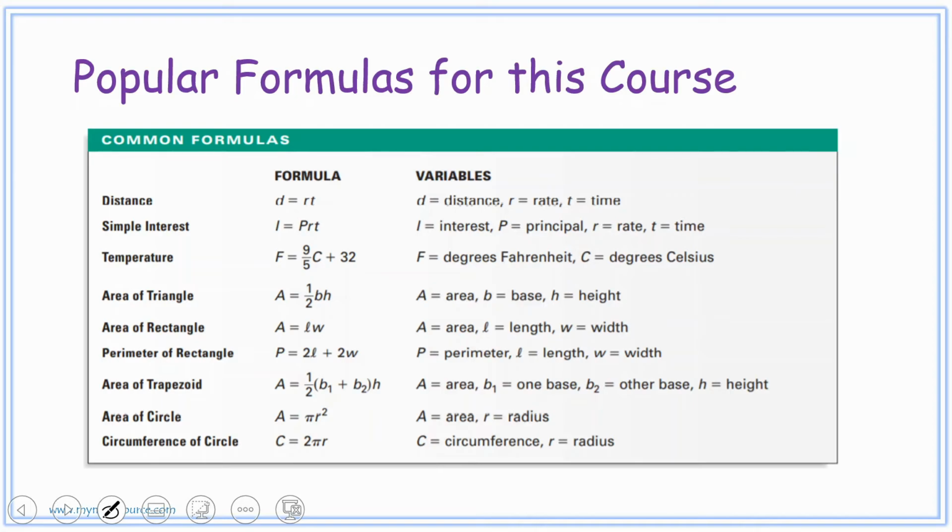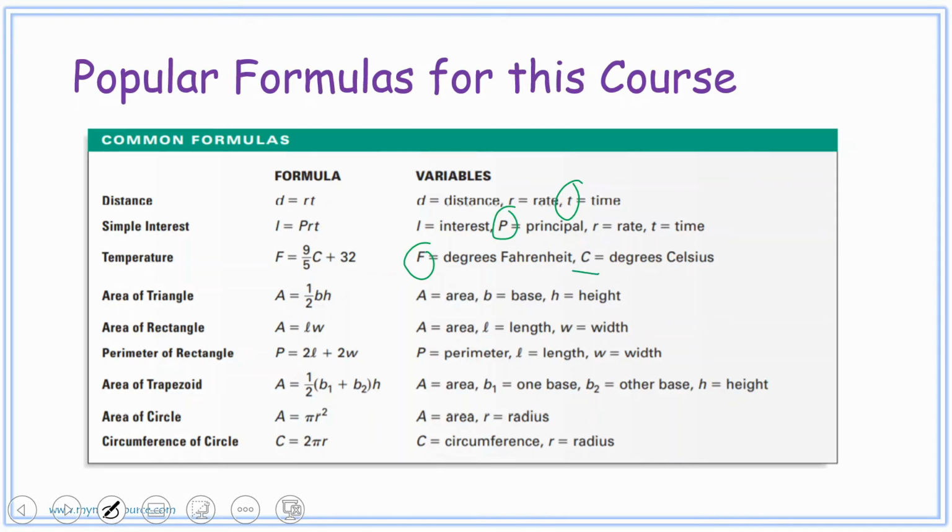Sometimes you have to take the distance formula, distance equals rate times time, and solve for t. Or you might be given simple interest and asked to solve for p, which is the principal. With temperature, you are asked to either rewrite the formula in Fahrenheit or Celsius based off how it's given to you, and vice versa.